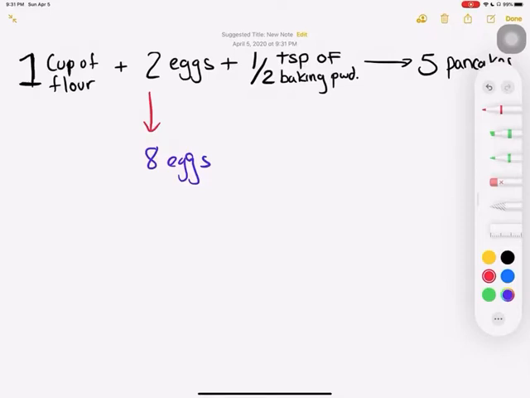So 2 times 4 is going to give me 8. So this is a relationship of a factor of 4. That means that this number has to also increase by a factor of 4. I'm going to show you how to do the calculations, but over here, you should see that if you have 4 times the eggs that you need from the recipe, that means that you're going to make 4 times more pancakes than what the recipe says.